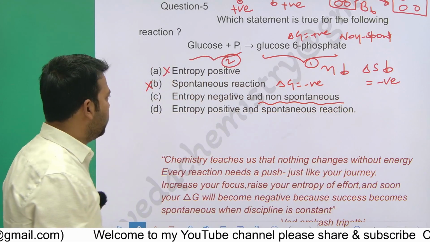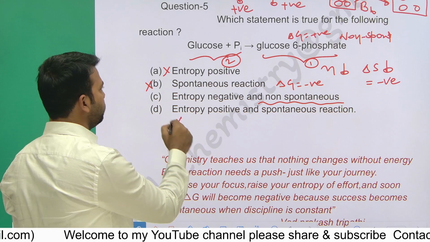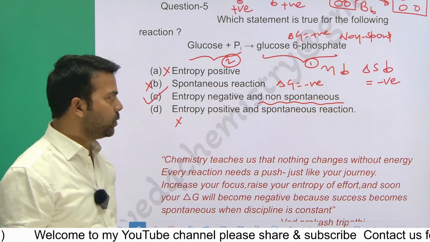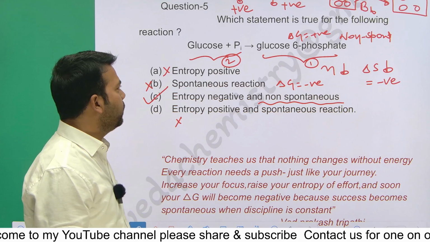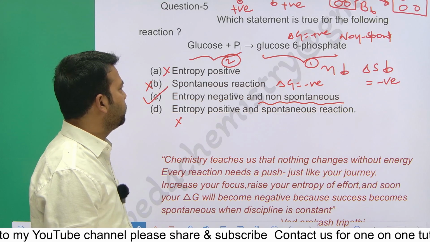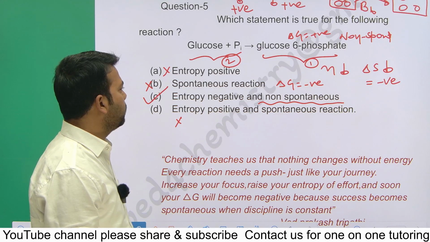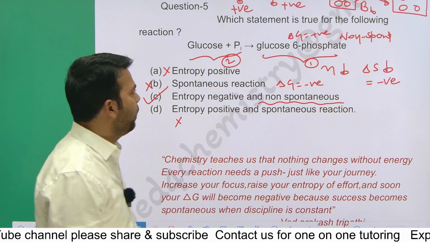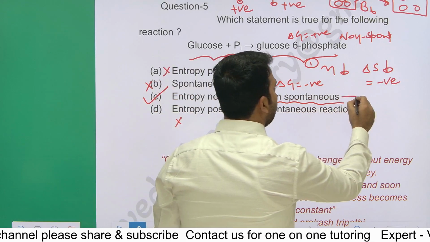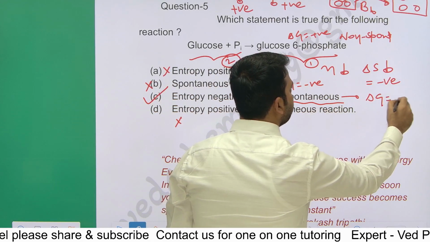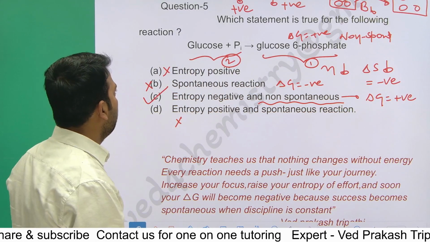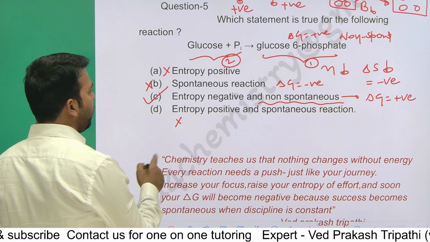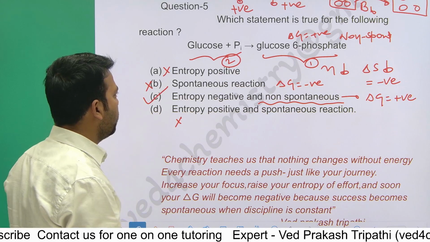And the third one is entropy positive, which is wrong. So option C is correct because delta G is negative, negative means spontaneous. Oh wait, something is wrong. Non-spontaneous means delta G positive. Okay. So here something seems wrong about the combination, I think.